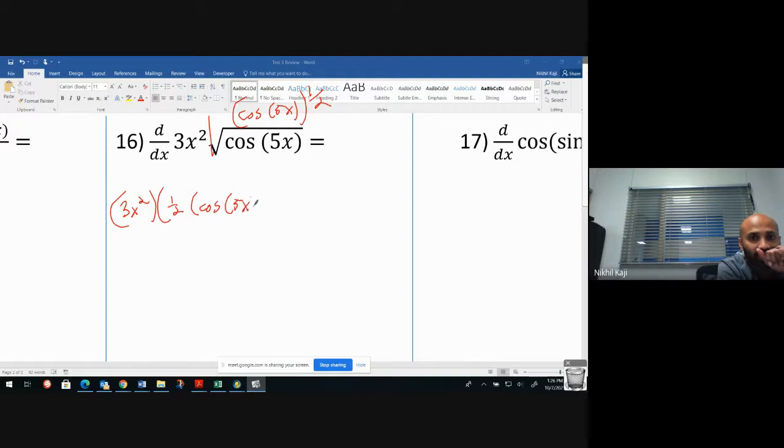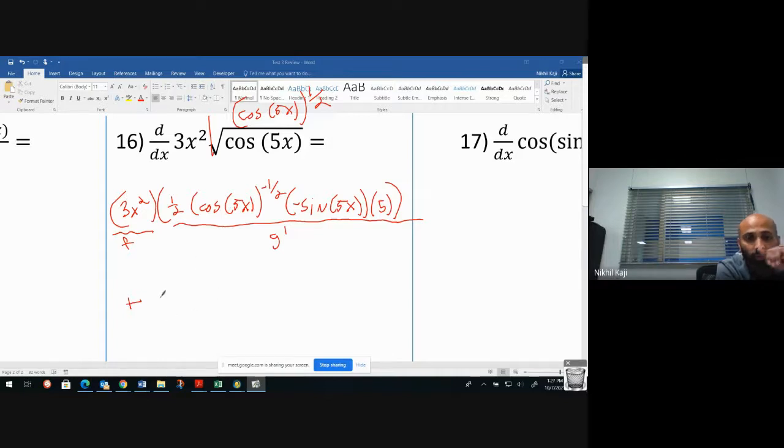Oh, look, another inside. So the negative 1/2 times the inside derivative, negative sine 5x. Oh, I still have an inside. Times the derivative inside, which is 5. So that was my whole g prime. F g prime plus g.